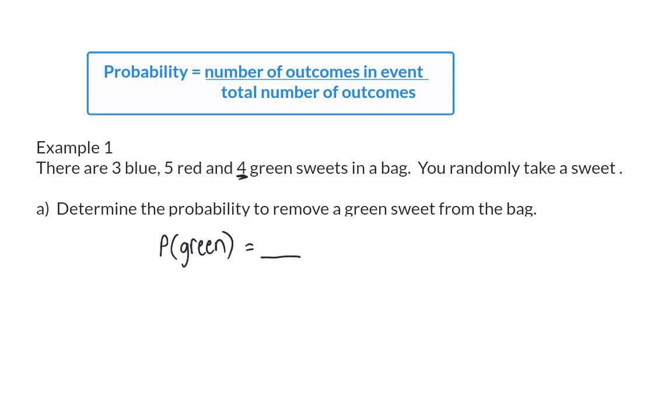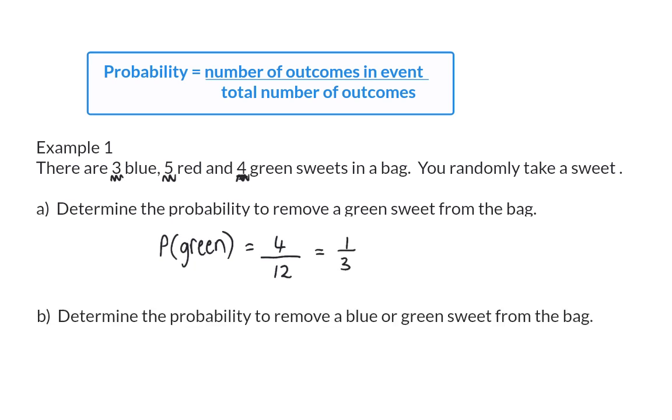There are 4 green sweets, so the numerator will be 4. In the denominator, we have the total number of outcomes, so that will be the total number of sweets in the bag. We have 3 blue, 5 red, and 4 green, so there are 12 possible outcomes. Simplified, this probability is 1 out of 3.